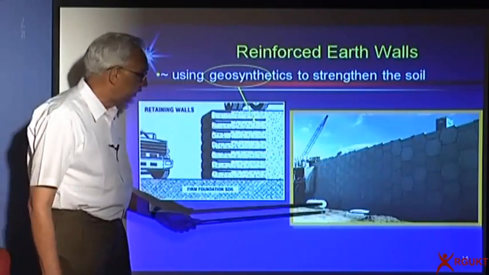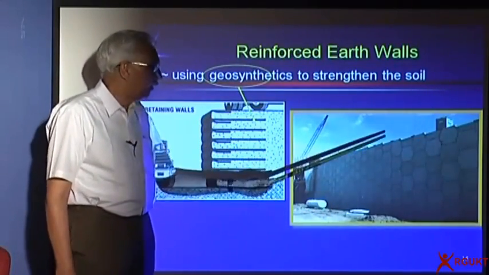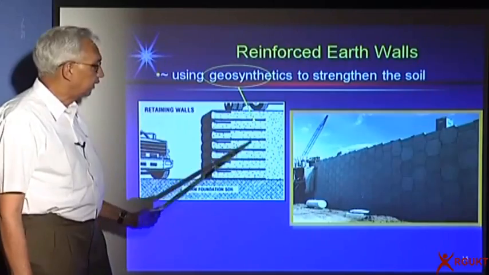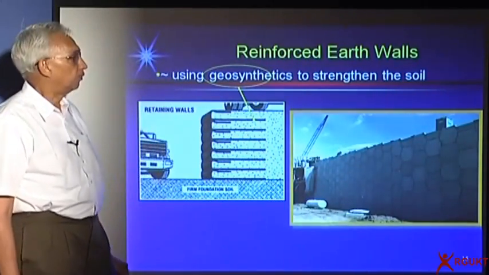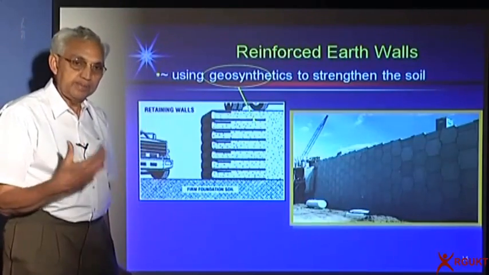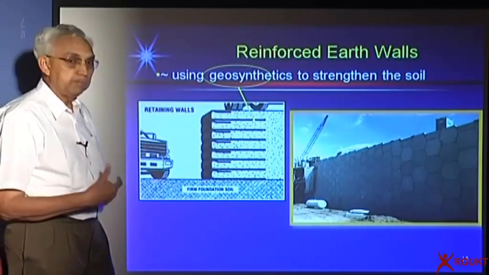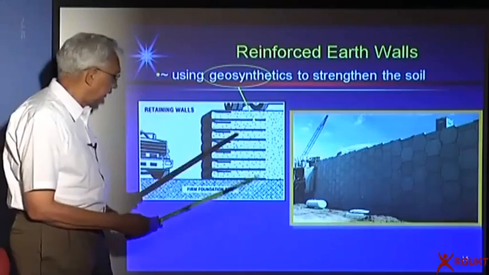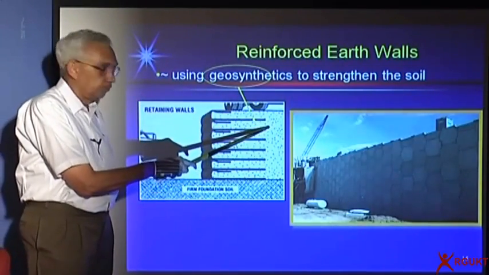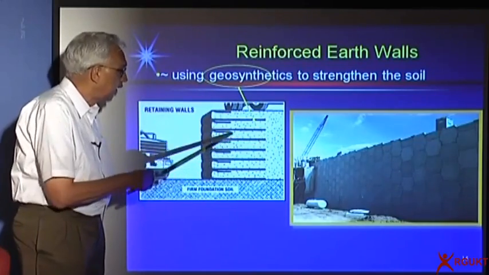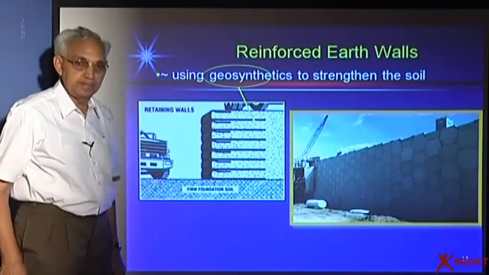We found that recently, in the last 30 years, you can use the geosynthetic reinforcement and build what is called a reinforced earth or soil wall. These are much easier to construct, cheaper by about 10 to 20%. So when I want to construct it, I'm going to use soil here, a good granular material, and I'm going to use some geosynthetic reinforcement.